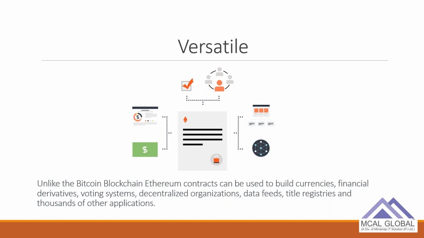Ethereum started with the Bitcoin code base itself. They built a lot of code on top of it. The underlying cryptography, digital signatures and hashing algorithm that we saw, those remain the same.